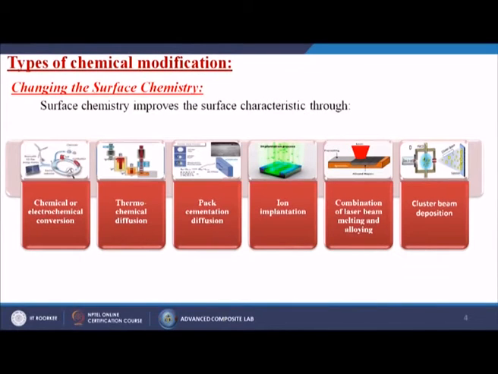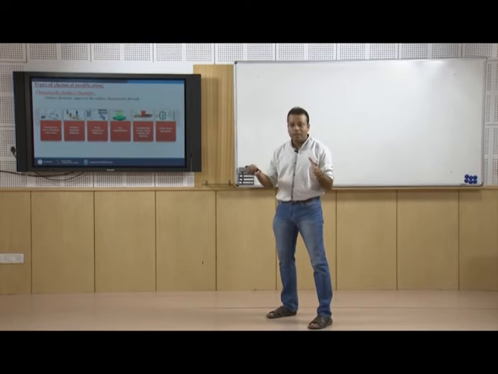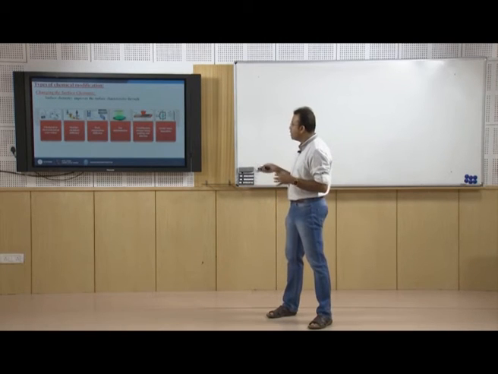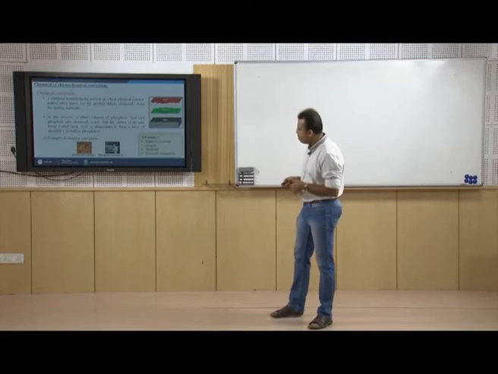The methods are chemical or electrochemical conversions, thermochemical diffusion, pack cementation diffusion, ion implantation, a combination of laser beam melting and alloying, and cluster beam deposition. These are the various methods by which we can modify the surface chemistry.